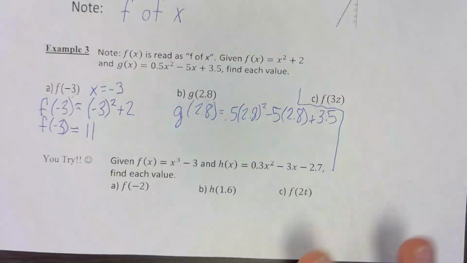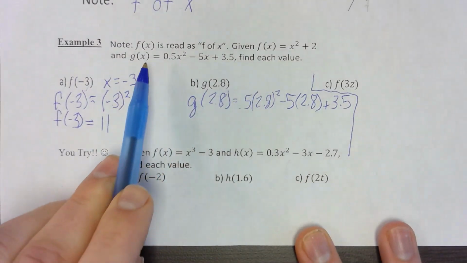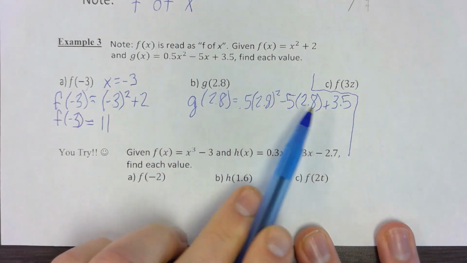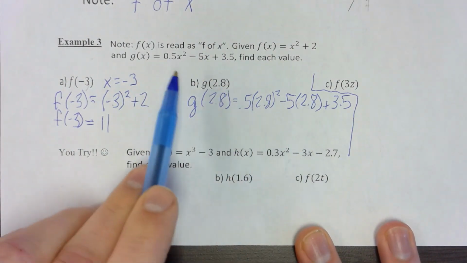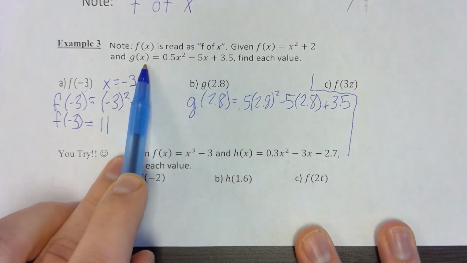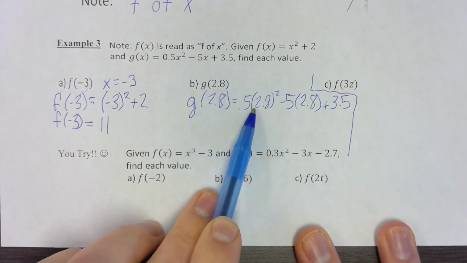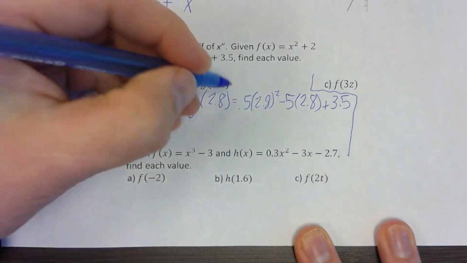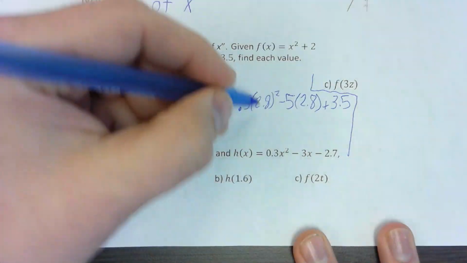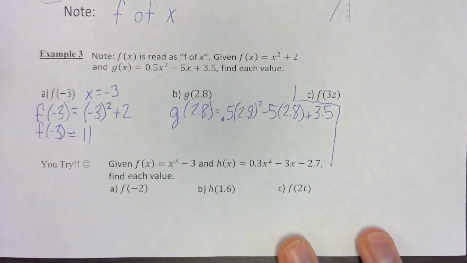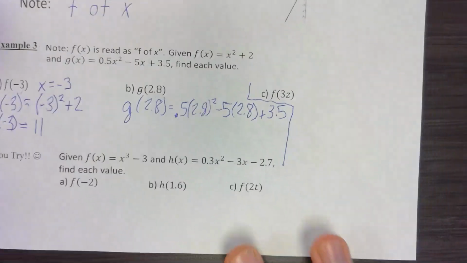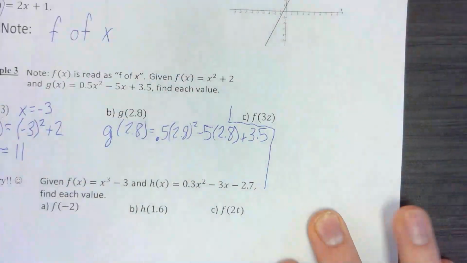Okay, so notice the only thing I changed going from here to here is instead of writing x wherever I saw it, I wrote 2.8. Now, you can finish evaluating by just plugging this into a calculator and getting your answer. I'm not even going to worry about that right now, because I want to move on.